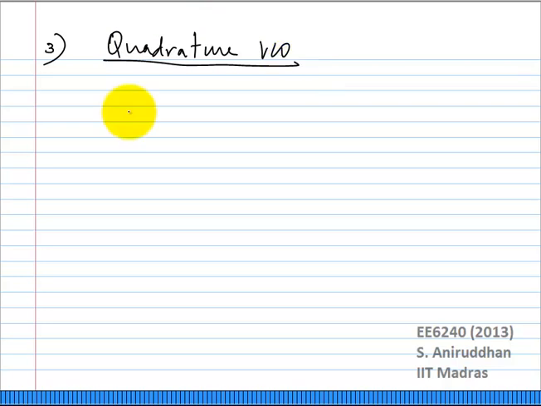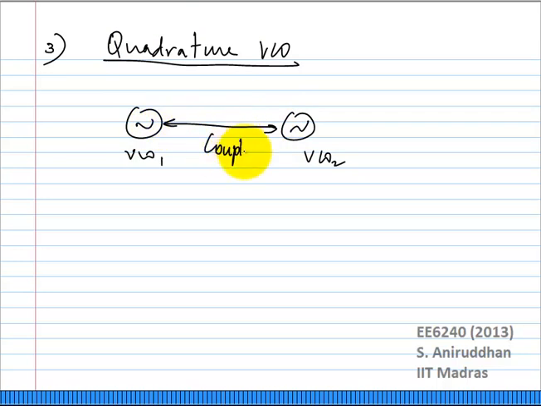So there are ways to actually take two VCOs, okay, and couple them such that the two outputs of the VCOs are at quadrature phase with each other. Okay.